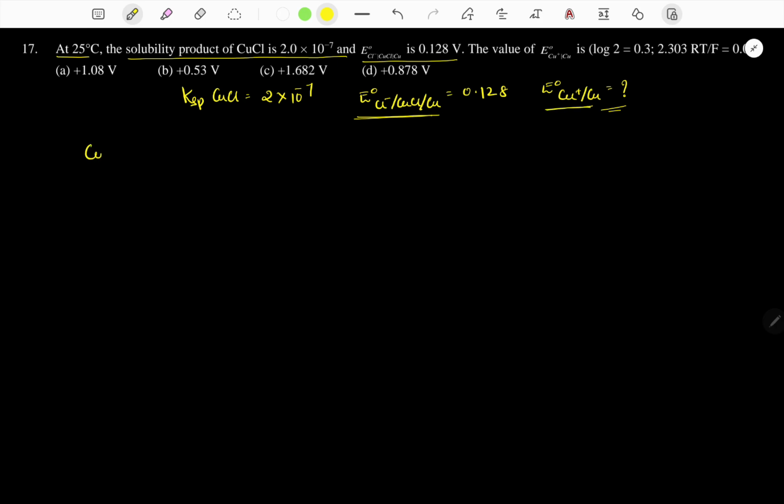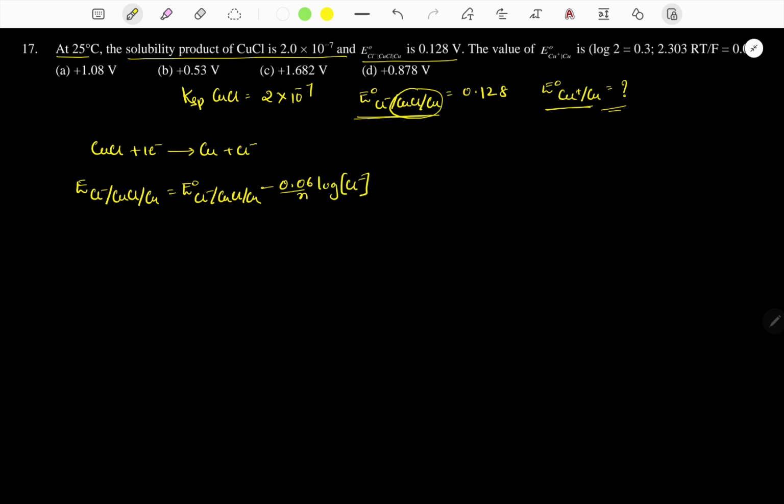So here we need to understand two types of equations. One is the basic reaction, CuCl plus 1 electron gives Cu plus Cl minus, and the corresponding E of Cl minus | CuCl | Cu equals E naught of Cl minus | CuCl | Cu minus 0.06 by n log of Cl minus concentration.